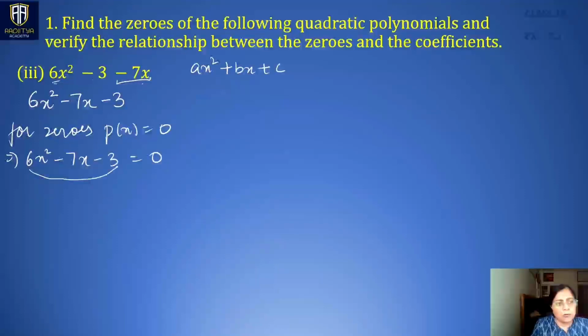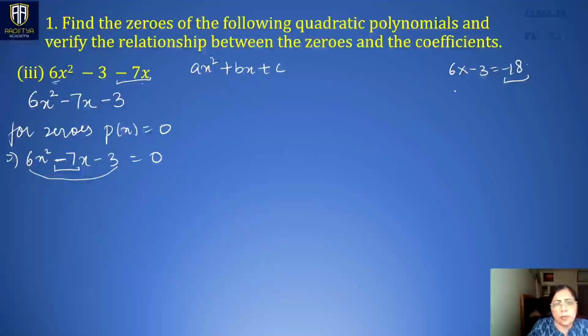I am taking the product of the first and third numbers, that is 6 into negative 3, which is negative 18. Now the product is negative 18, so one factor will be positive and the other will be negative. Now look at the sum. Since the sum is negative, the larger number has to be negative.